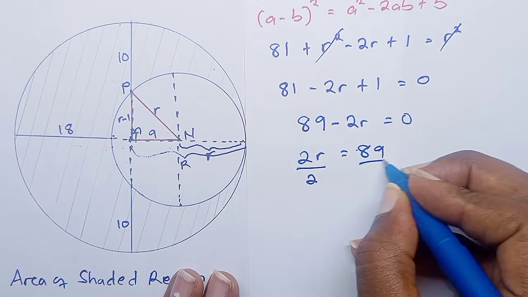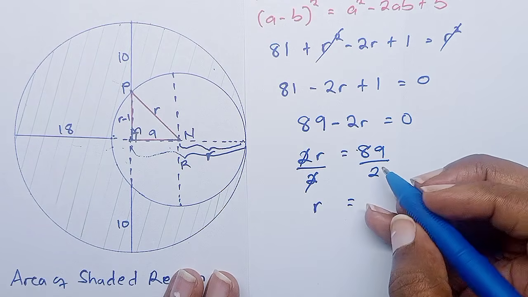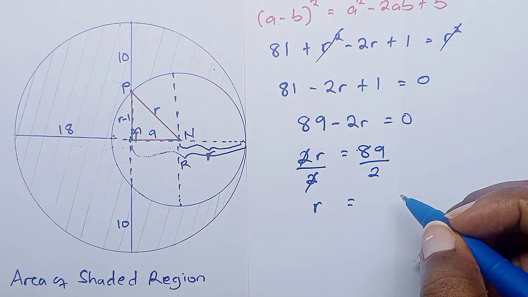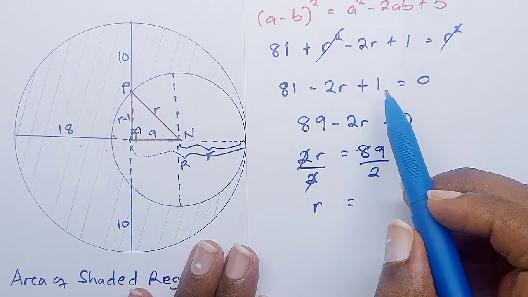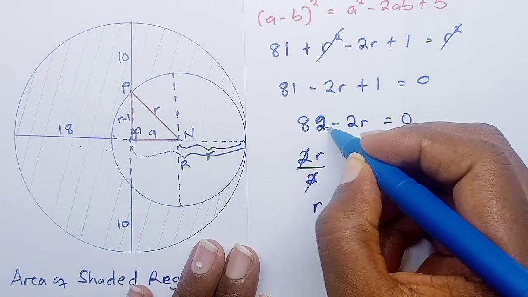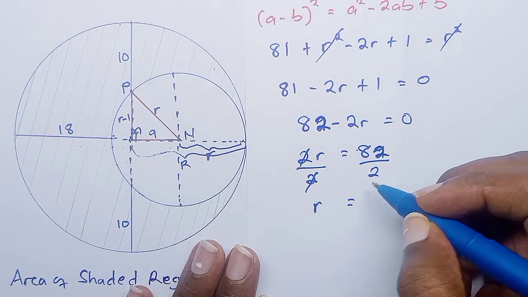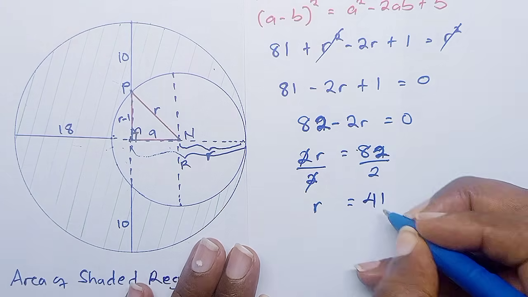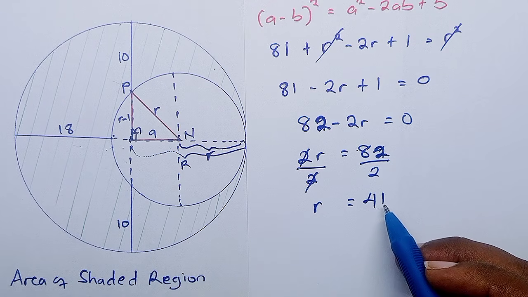Divide both sides by 2, and therefore R is equals to, 81 plus 1 is 82, not 89, sorry. So this is 82. So 82 divided by 2 gives us 41. Therefore, radius of the small circle is 41.